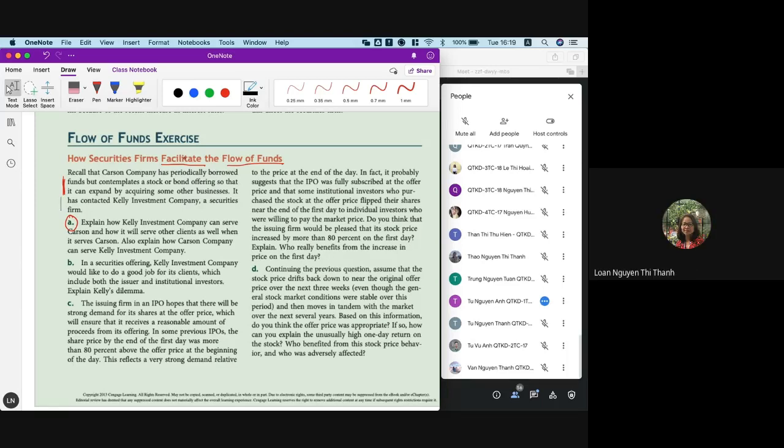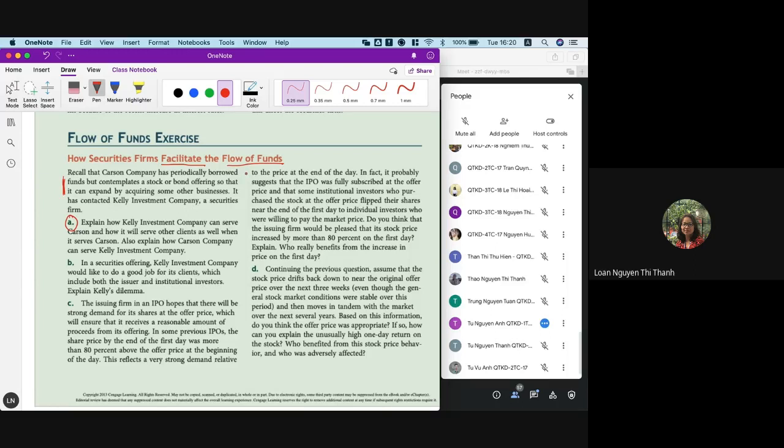No, the security firm will not offer the stock and bond, but they offer the services to facilitate the stock and bond issue. Remember that? The security firm will facilitate the new stock and bond offering. They act as an underwriter or they offer underwriting activity services to support, to facilitate the stock and bond issue.